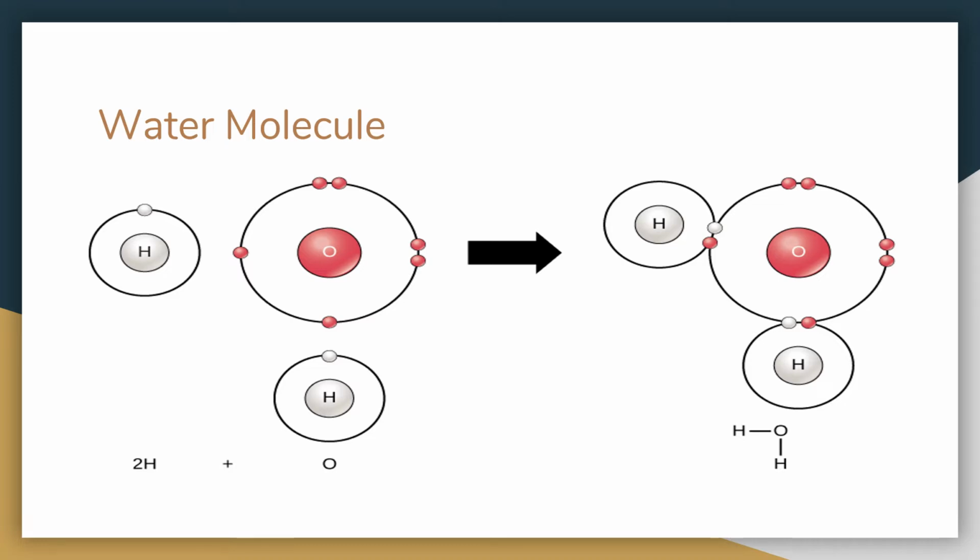When these 2 hydrogens and the oxygen share these electrons, this is called a covalent bond, and a water molecule is formed. The bond there, the white and the red color, shows how they're sharing that outermost shell. They're helping fill oxygen's outermost shell, and that bond is a covalent bond. And remember, those are the strongest bonds.